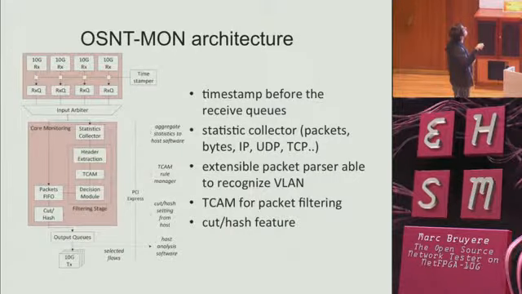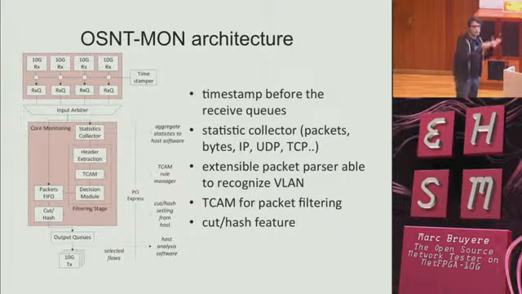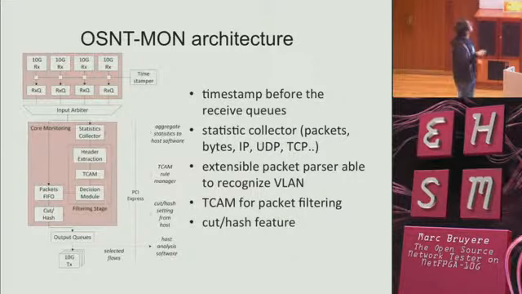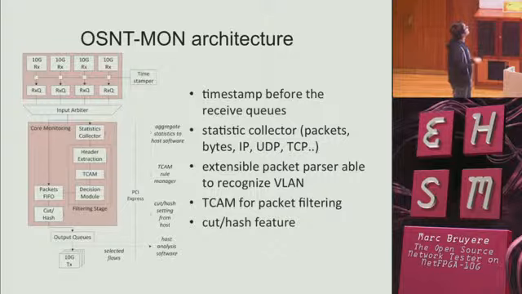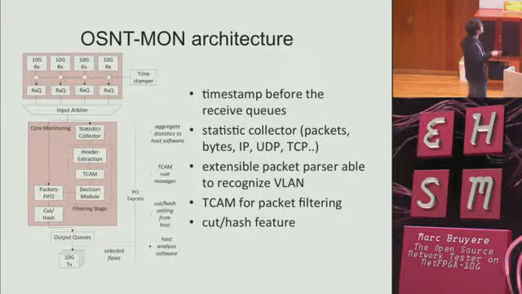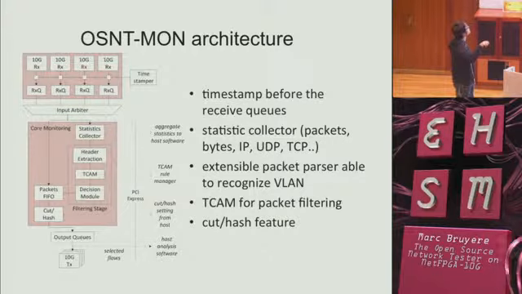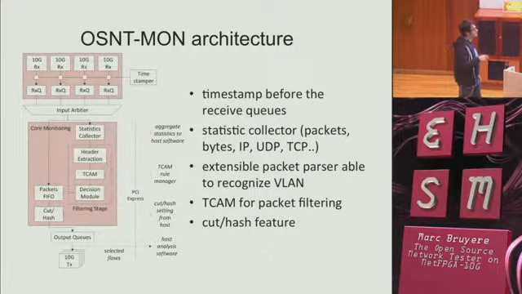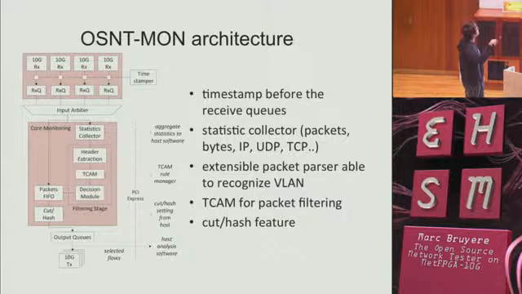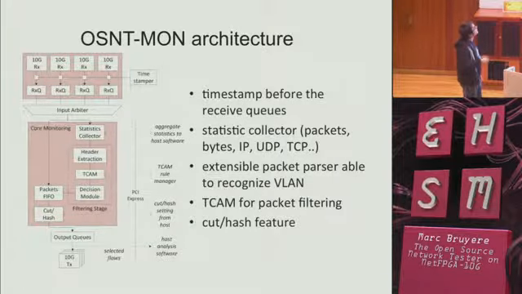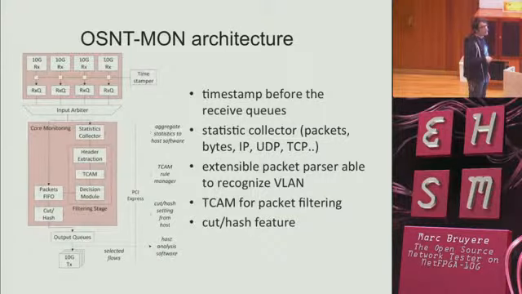Then we have the statistics collectors, which give different information to the Linux box. The header extraction and TCAM and decision modules, where we do the filtering stage, and a packet FIFO to send out. And obviously the decision module says, based on the filter, to cut that packet and send it over PCI to the host system, and do a hash if necessary.